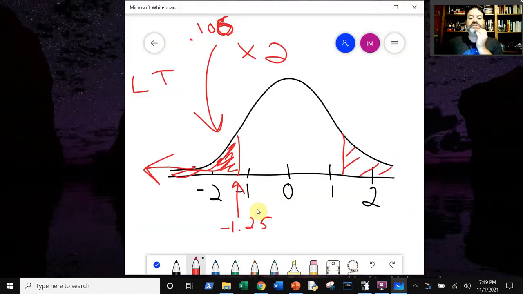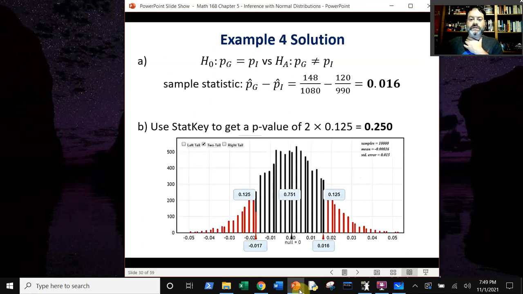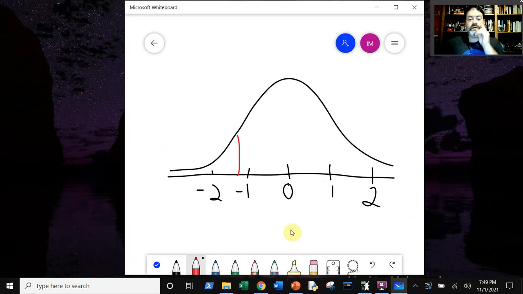And we already know what the shape is. Let me back this up a little bit. It basically looks like this, and it's two-tailed. The sample statistic is 0.016, but the shape is going to look the same.